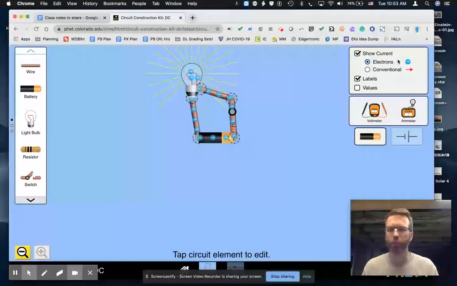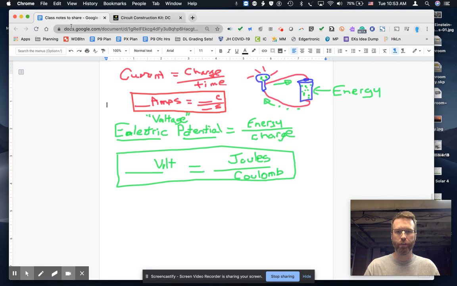What's really happening is electrons are moving from negative to positive, though the conversation we usually have is that current flows from positive to negative. All right, so two key ideas: current, that's the flow of charge per time, and voltage, that's the amount of energy per charge. Those are big ideas that I want you to grab onto.